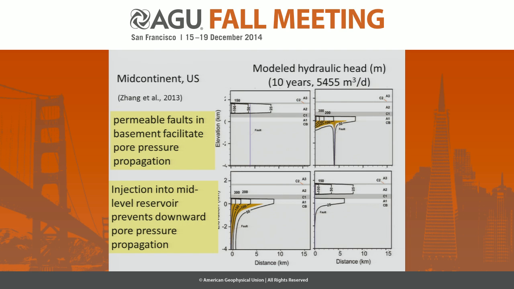So this is a comparison between the middle level injection and basal injection; they both have a fault. In this case, if you inject in the middle level and there is an impermeable barrier at the bottom, there won't be much pore pressure diffusion into the fault. Likewise here, there is a fault, but with middle level injection there is little diffusion because of the impermeable barrier.